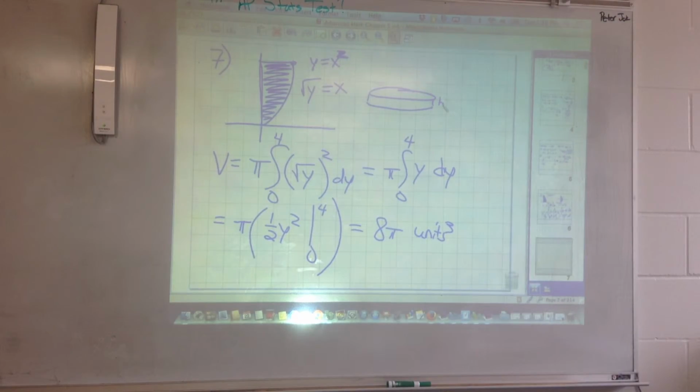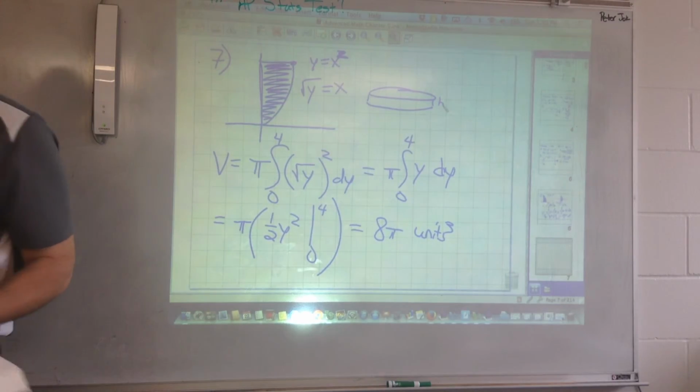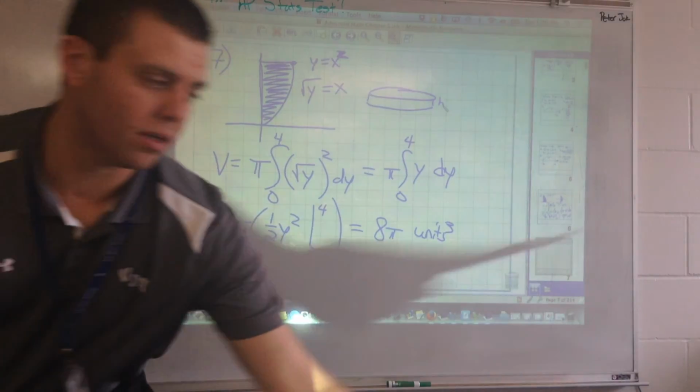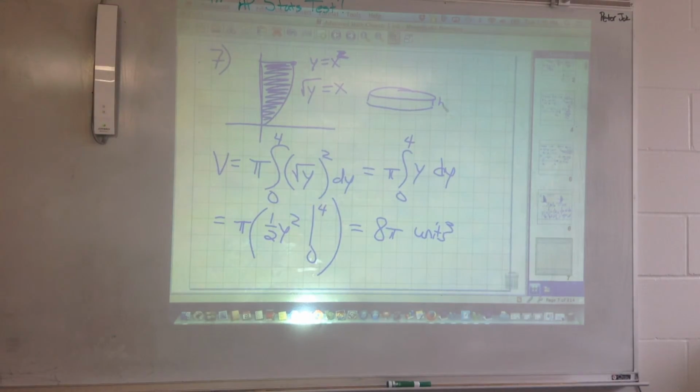If we did derivatives or integrals the long way, we would do the limit definition as delta x approaches 0, so as they get smaller and smaller, you would approach the actual volume of those figures. So that's why it represents the height there.